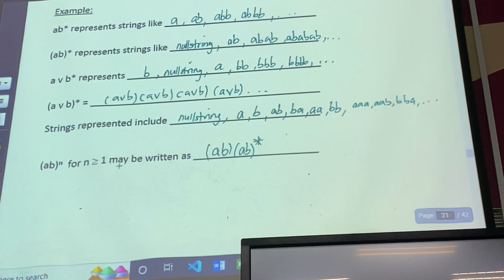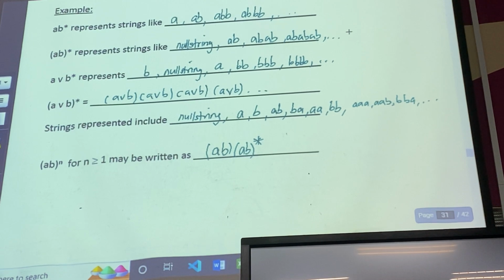That is the difference if you define using n and using asterisk. Understand now? With the asterisk, you must write one AB in front. With the n, you can start from 1. Differentiate these two. Later on, when you write the regular grammar, you will always use this.